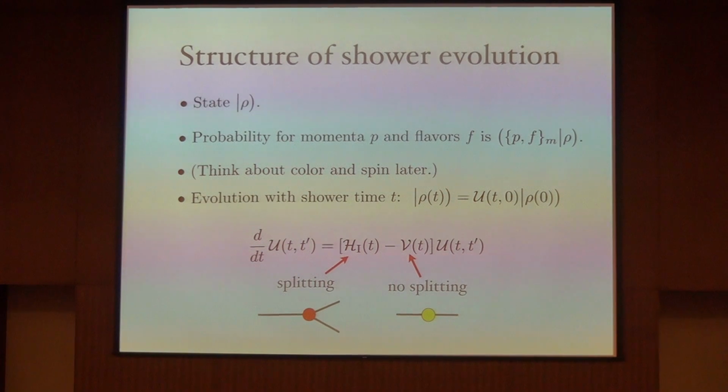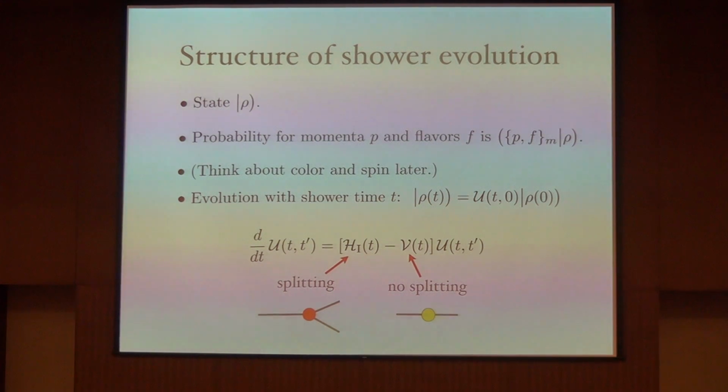And the form of the evolution is pretty simple. d by dt of this U that does the evolution is a certain operator that describes parton splitting, for which we have a picture here. Mother parton splits to 2. And another, which has got a minus sign in front of it, that describes no splitting. And so the parton just goes along and nothing happens to it.